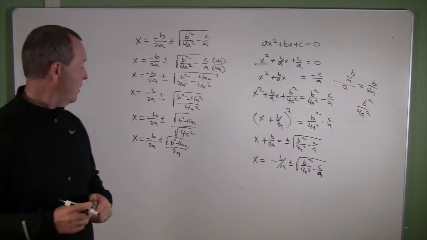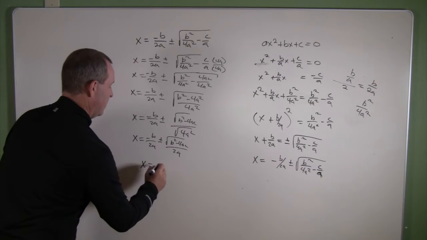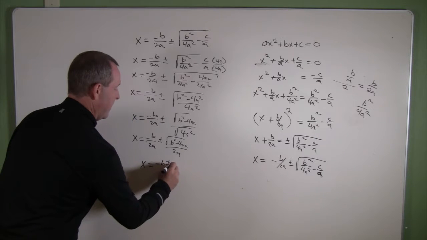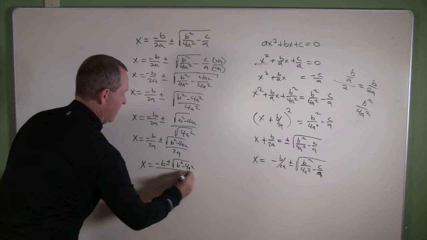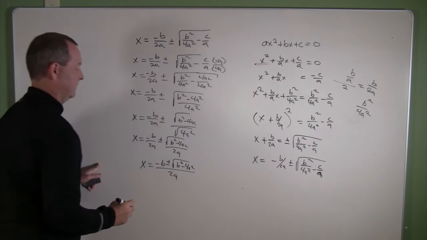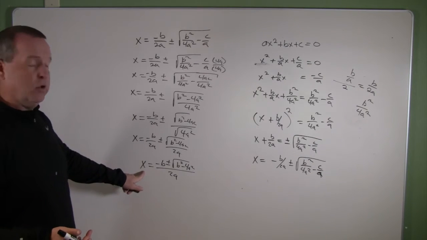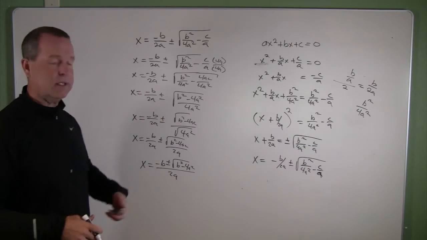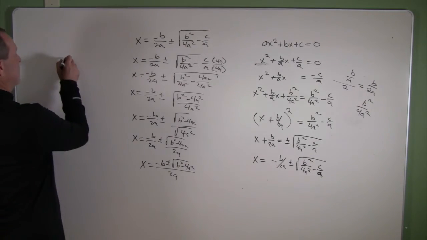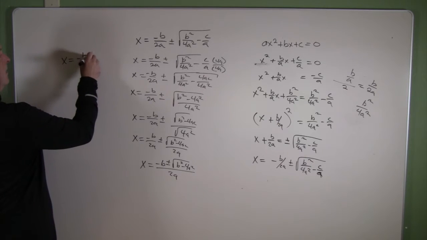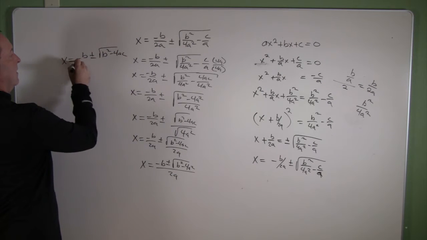And I can really see one more thing I can do. I can combine these two. So that x equals minus b plus or minus the square root of b squared minus 4ac all over 2a. And there what I have is a solution for x in the lowest possible terms that I can come up with.